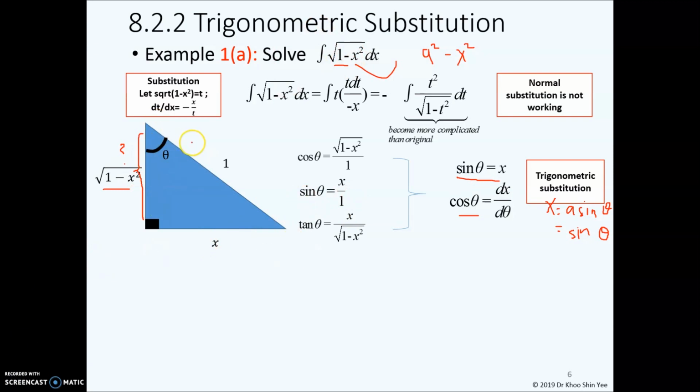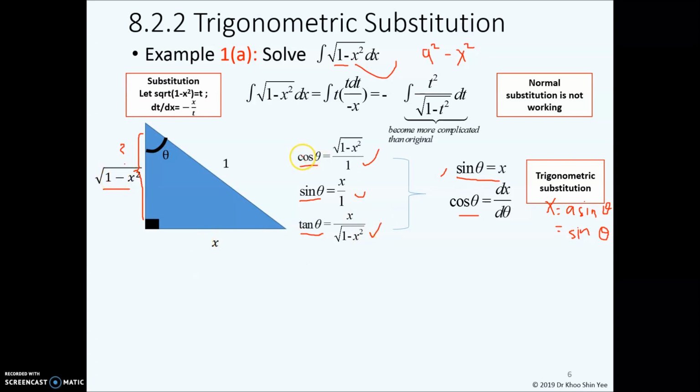So from this triangle, you can find all the basic trigonometric functions. For example, the cos angle is just the square root of 1 minus x squared here divided by 1. Sine angle is x over 1, like this one. Tangent angle is x divided by this distance.